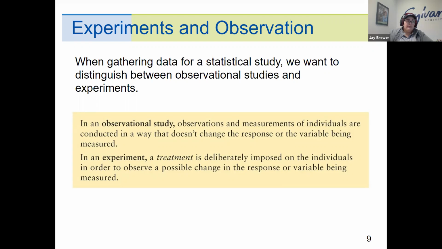So when you do an observational study, you kind of really have to be truly invisible. You don't want to change environments. You don't want to interact with your subjects, for lack of a better word. You're truly just gathering the data. In an experiment, we're deliberately trying to make one specific change and seeing what happens because of that change.